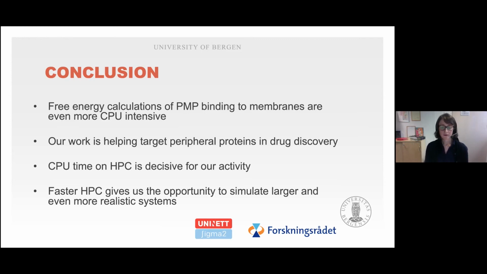If you weren't convinced already, this is CPU intensive, CPU time is absolutely decisive for this type of activity. And the very important thing here is that now with access to a more powerful supercomputer, we can simulate larger and more realistic systems, more comparable to experiments in the wet lab.